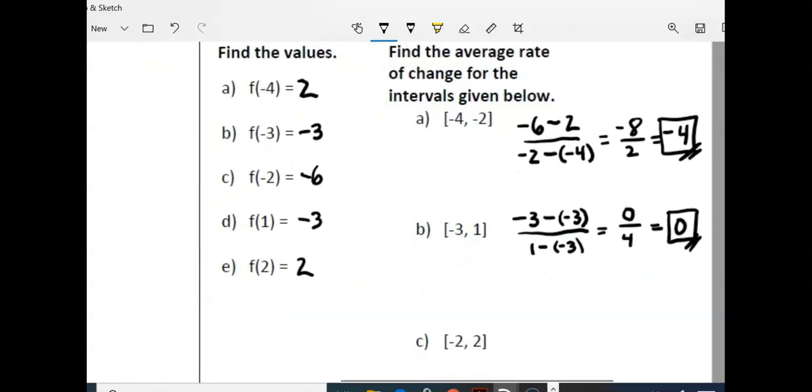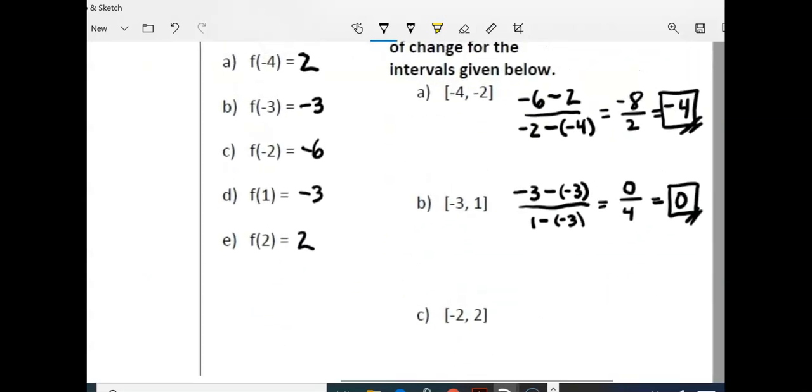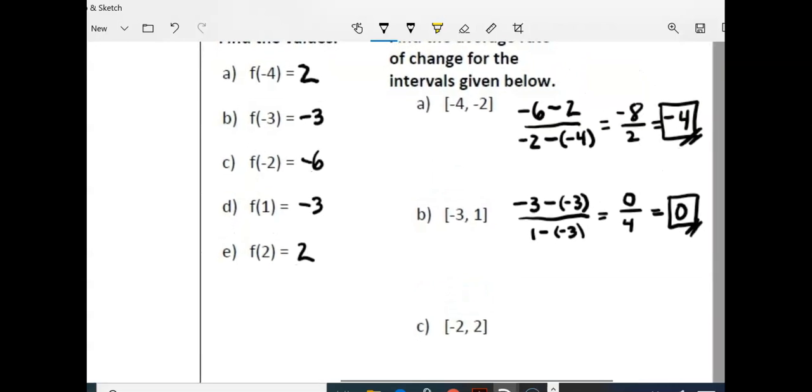Make sure that you're showing, oh, we have one left to do here. Negative 2, 2. So at -2, we're at -6. Wait, at 2, we're at 2, sorry. Minus, at -2, we're -6, so minus -6. And we take 2 minus -2.